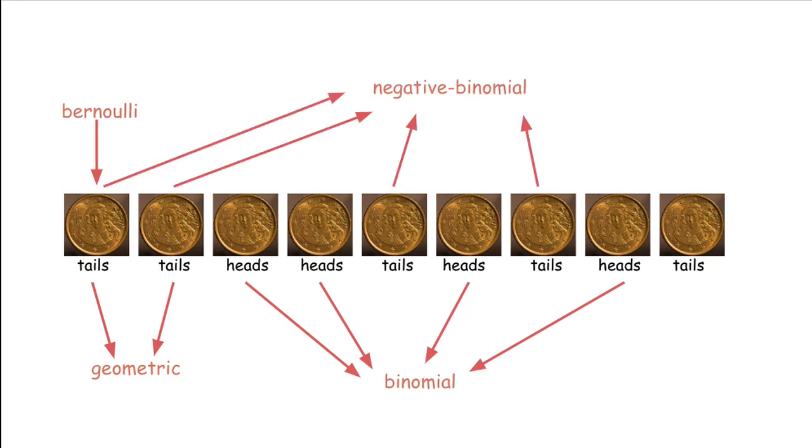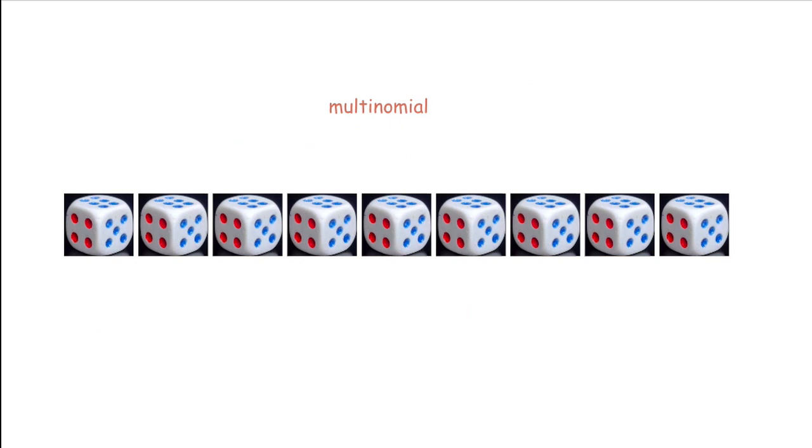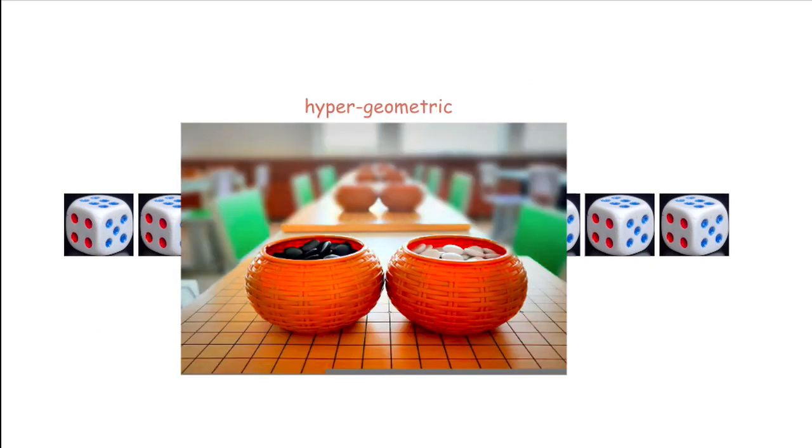Its generalization, the negative binomial, counts the number of tails before you get k heads. The multinomial expands the binomial to the case when there are more than 2 outcomes possible at every trial. And lastly, the hypergeometric will give us the number of white marbles from a bag with both white and black ones.